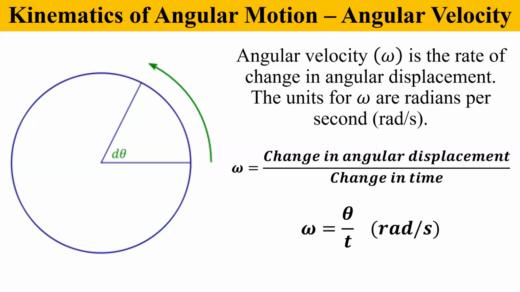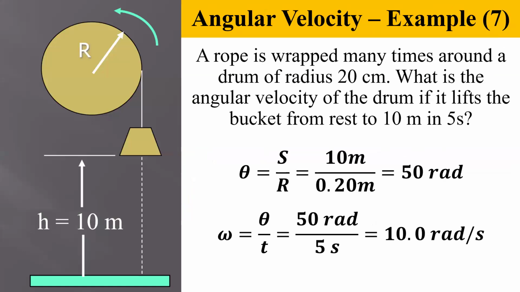We can move it a little bit further now. Let's look at another little problem, similar to the one we dealt with before. We have a rope wrapped many times around a drum of radius 20 centimeters, and we already know we're going to convert that to meters by dividing by 100.